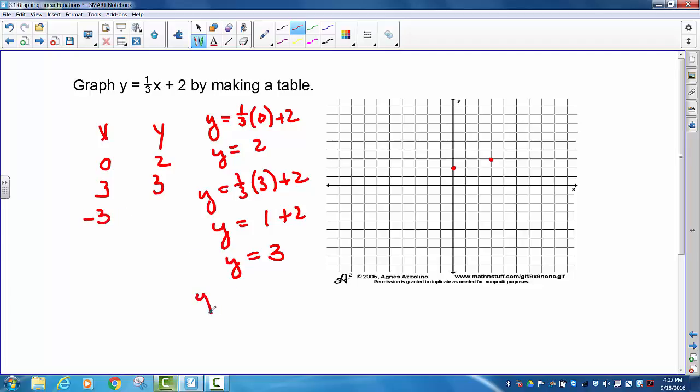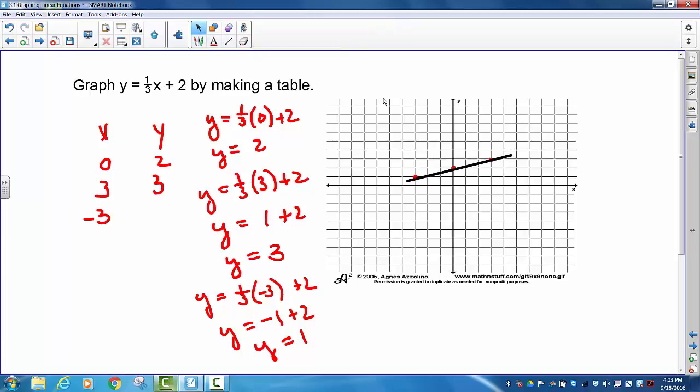That would be y equals 1/3 times -3 plus 2, y equals -1 plus 2, y equals 1. So at -3, y will be 1. And now we can draw our line.